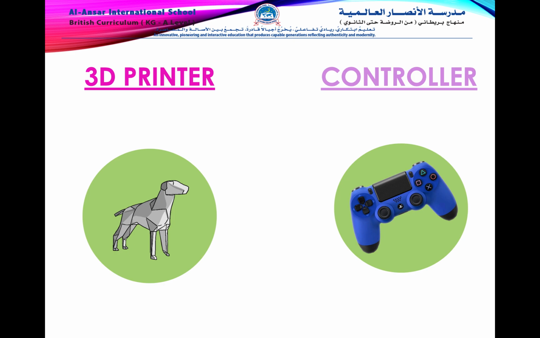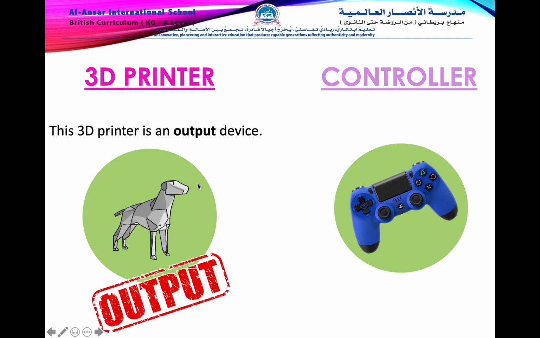We have a 3D printer and a controller. Ali uses the 3D printer to print out a little dog. Is this an input device or an output device? Well done, superstars. It is an output device.